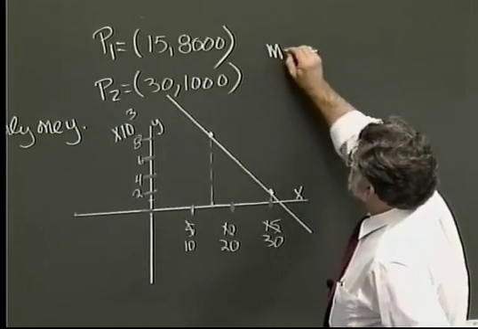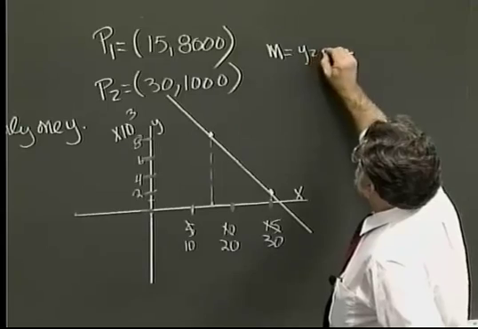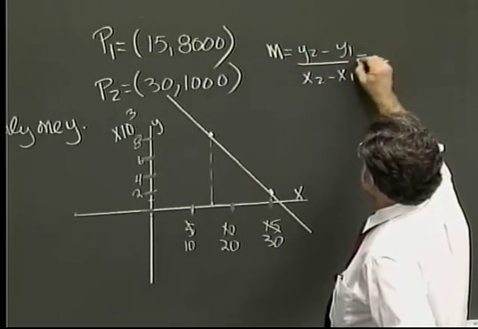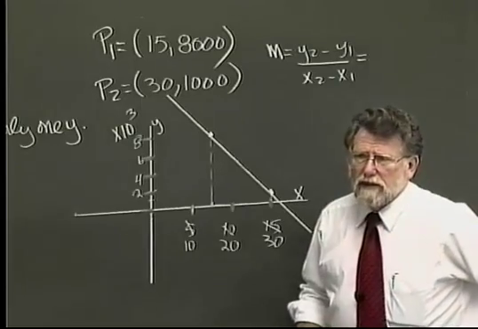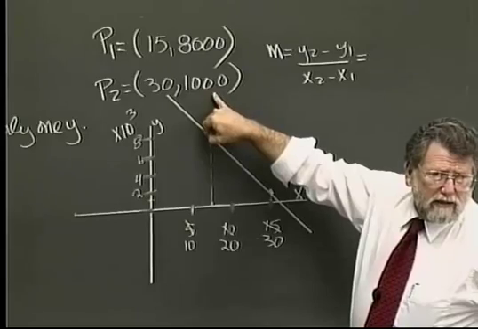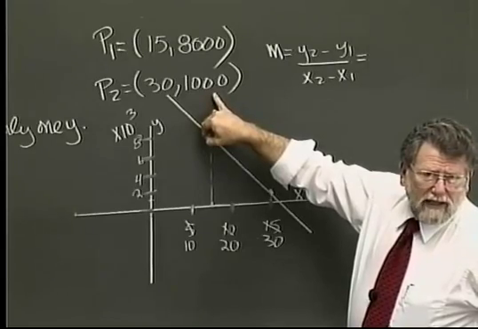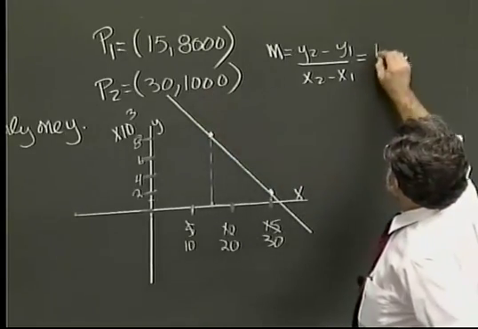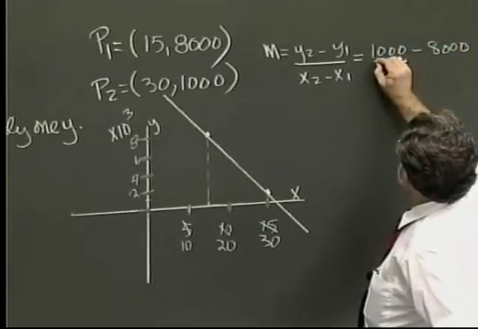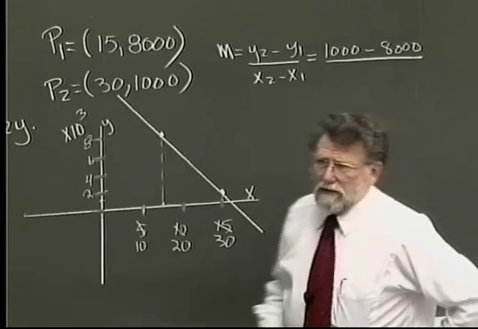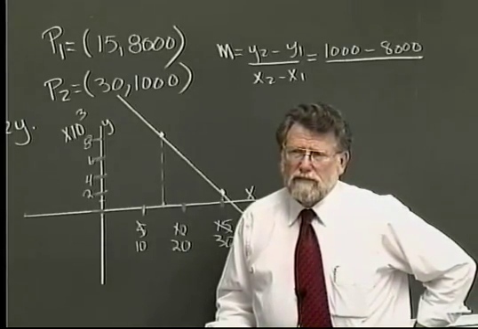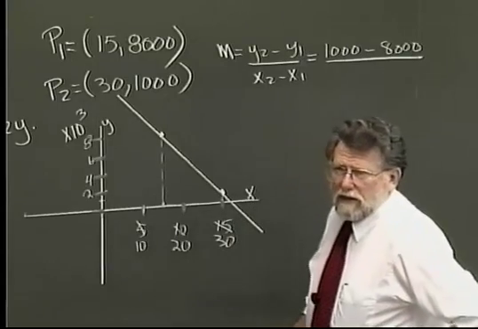Well, the slope, y sub 2 minus y sub 1 over x sub 2 minus x sub 1. What are we going to get? Okay, this is y sub 2 now, right? So I'm going to take 1,000 minus 8,000. So 1,000 minus 8,000. And what is the difference in my x's? 30 minus.